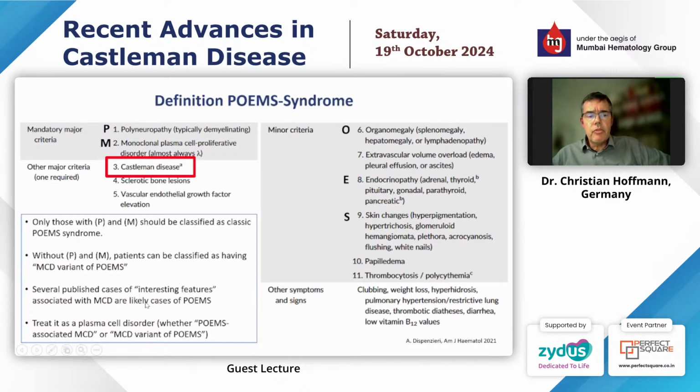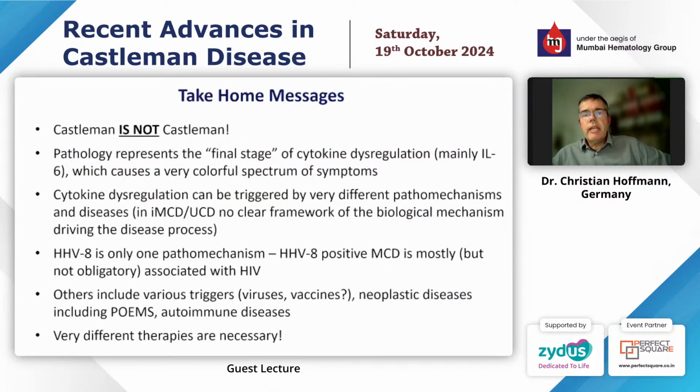Because you have to treat this MCD variant as a plasma cell disorder, with lenalidomide or bortezomib, or even more intensive therapies. It's really important not to use siltuximab in these patients. So take-home message: Castleman is not Castleman.